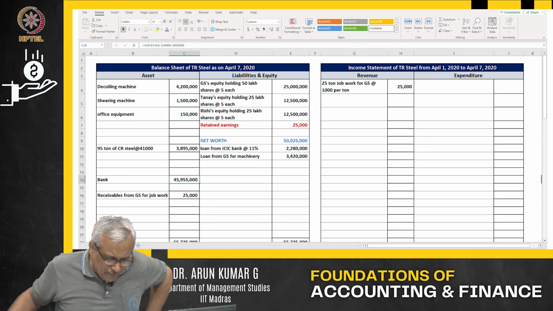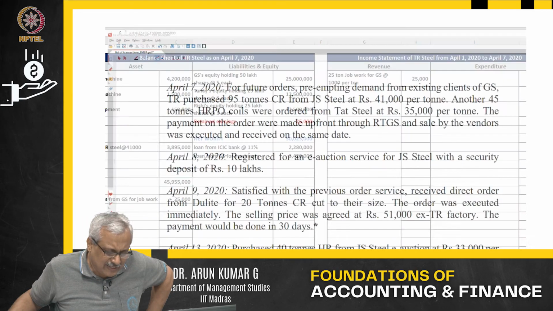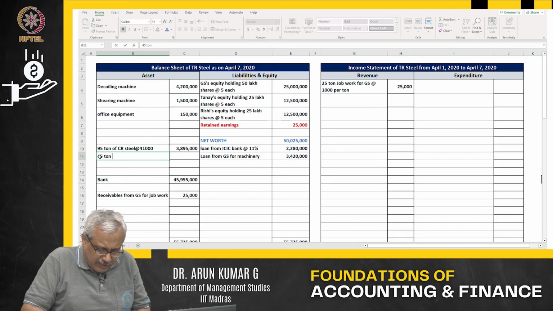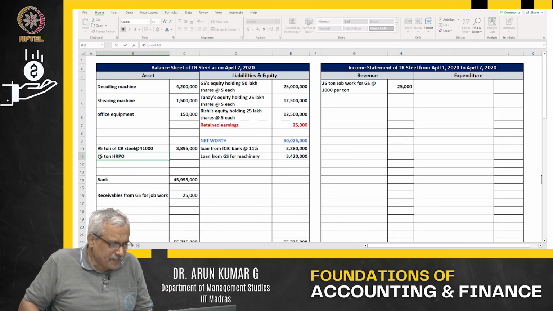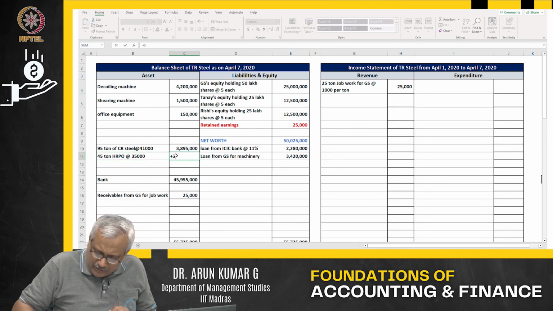Then the next one, you purchase 45 tons of HRPO steel from start steel at 35,000 per ton. That is 45 tons of HRPO at 35,000, right? So what is happening? 35,000 into 45.